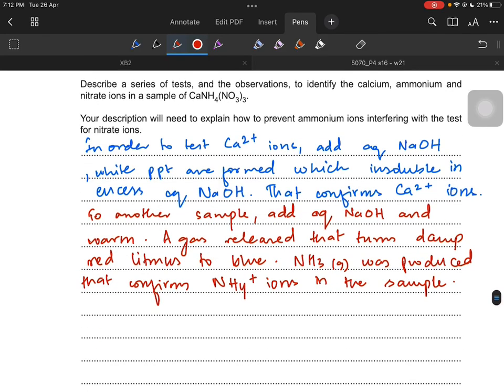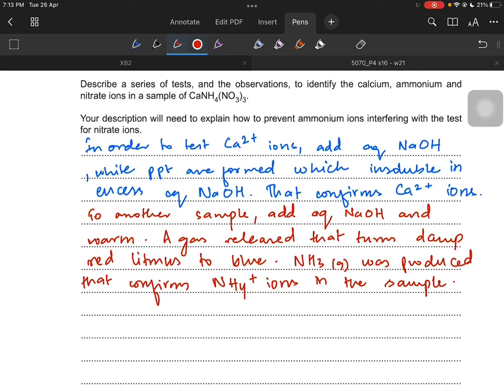Now we have to talk about nitrate ions. So nitrate ion has its own test. We add aqueous sodium hydroxide with a piece of aluminium, and then we heat it and ammonia is released. But the problem is that they're saying this in the question as well. How do we make sure that the ammonium ions don't interfere with the test for nitrate ions? How do we confirm that? So what we can do is we can continue to heat and test it with litmus paper until no further change is seen.